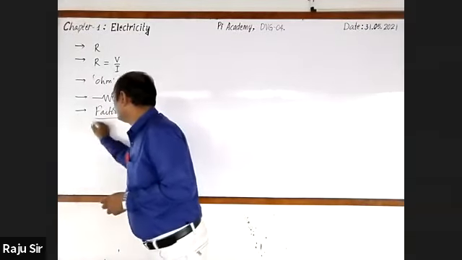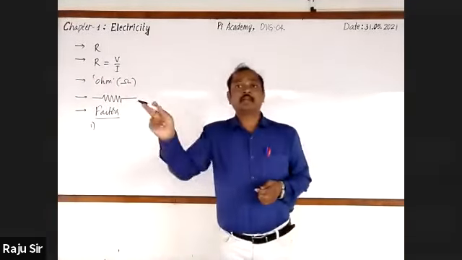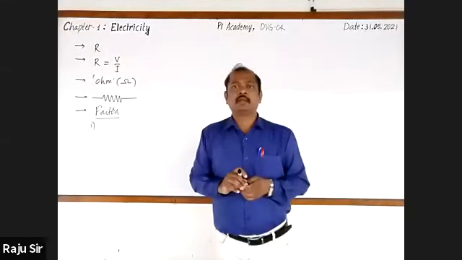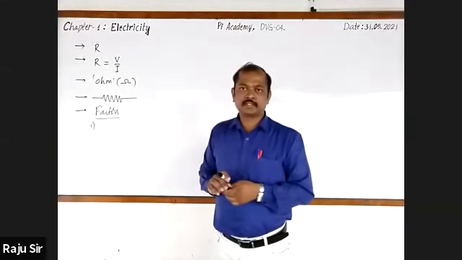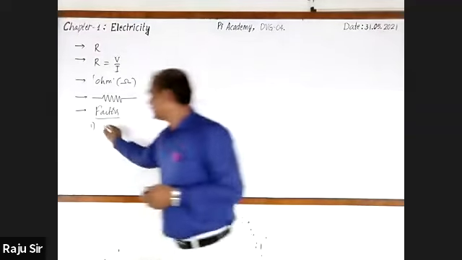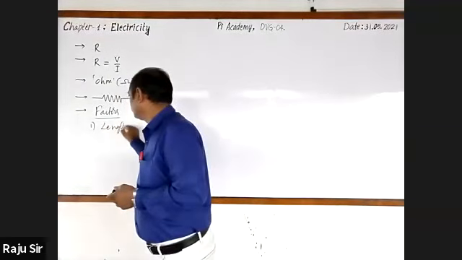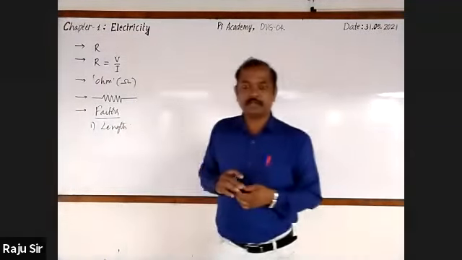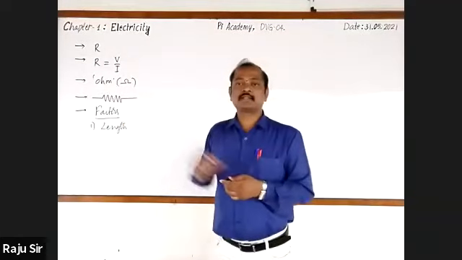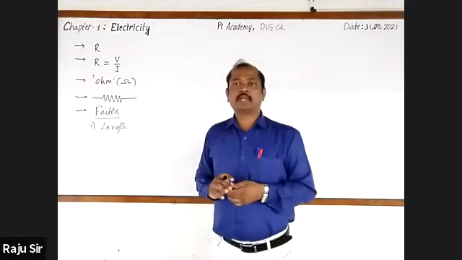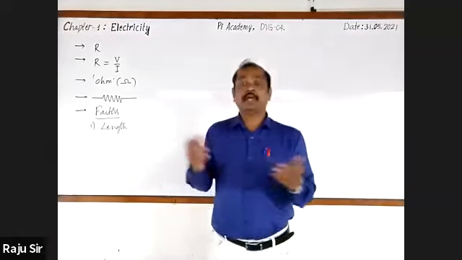the length of the conductor is responsible for varying the electric resistance. The first one is length. How does electric resistance depend on the length of the conductor? It is directly proportional.